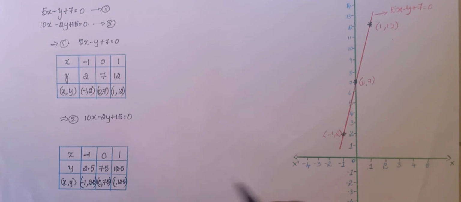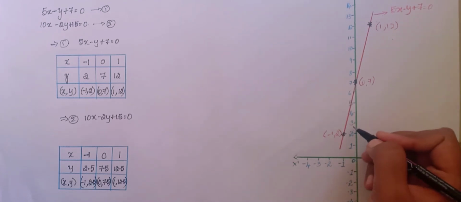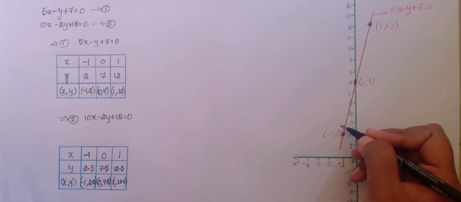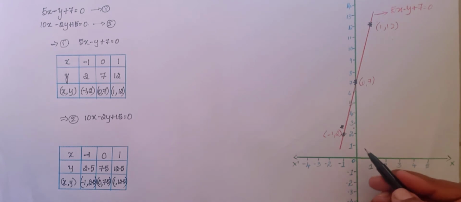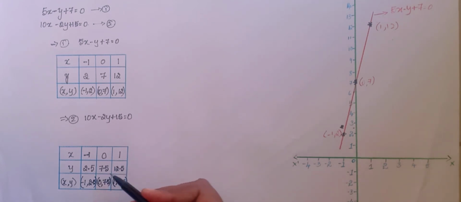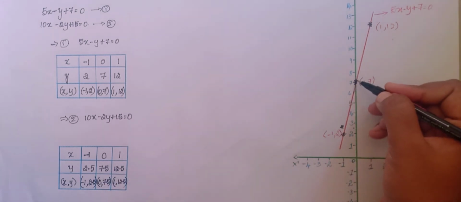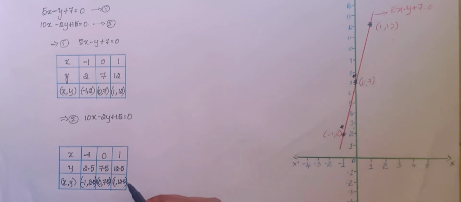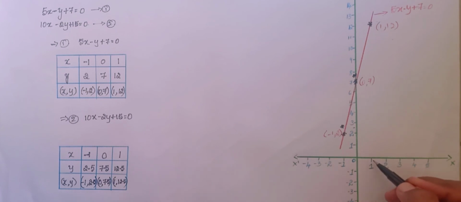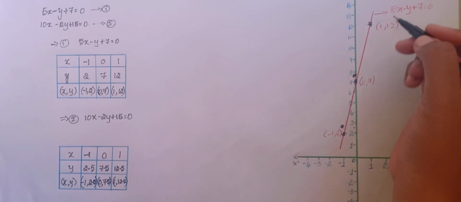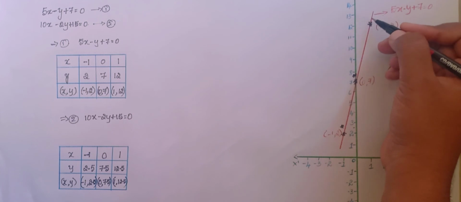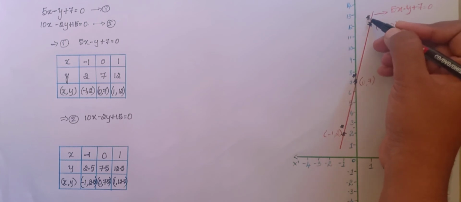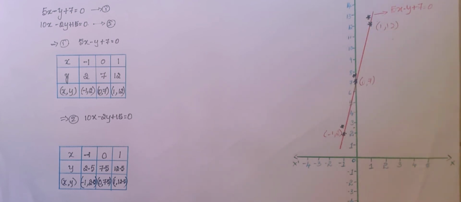-1, we have 2.5. -1, 2.5 will come in between 3 and 2, in the middle of this. So here we may get it. Next one, the x value is 0, the y value is 7.5. In between 8 and 7, in the middle it will come, that is 7.5. And next one, the x value is 1 and the y value is 12.5. In the middle of 12 and 13, it will be here. So let's join this.